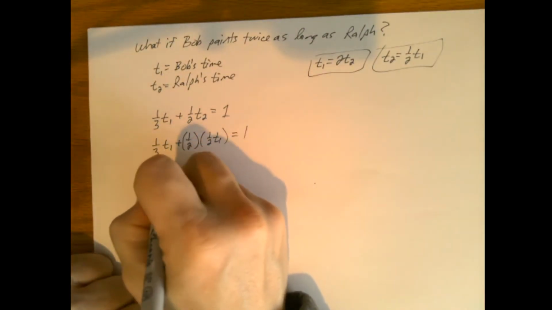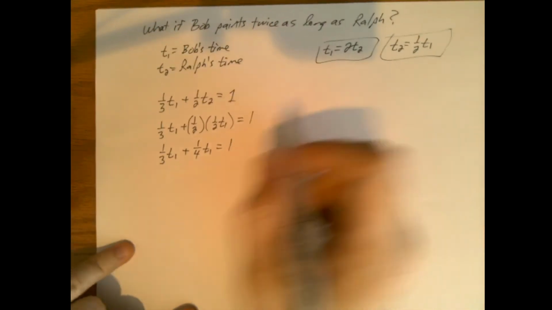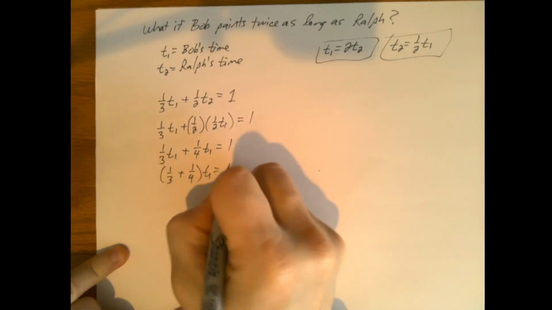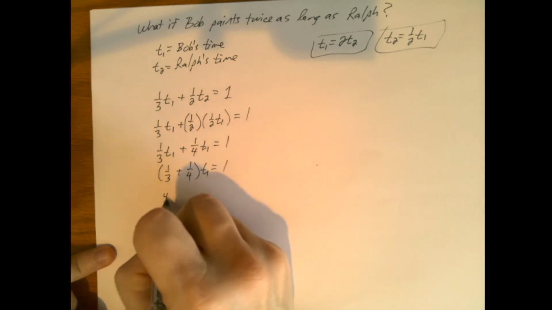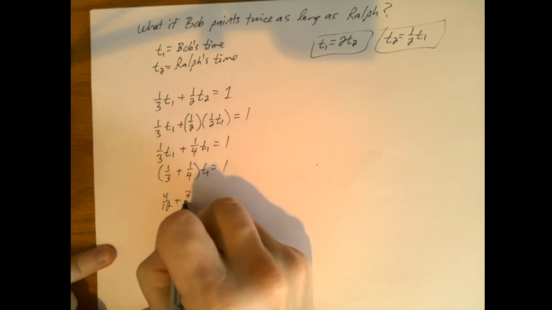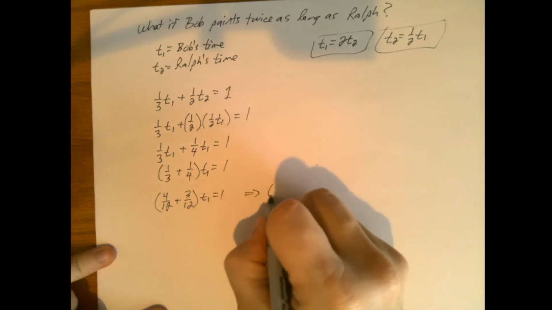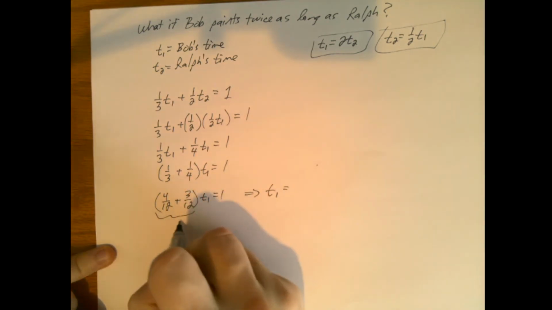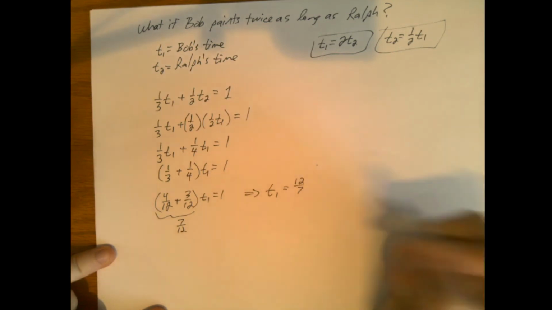So I have 1/3 T1 plus 1/4 T1 is equal to 1. 1/3 plus 1/4 of T1 is equal to 1. 4 over 4 will give me 4/12. 3 over 3 will give me 3/12. So T1, so this right here is 7/12. So T1 then will be equal to 12/7 days.